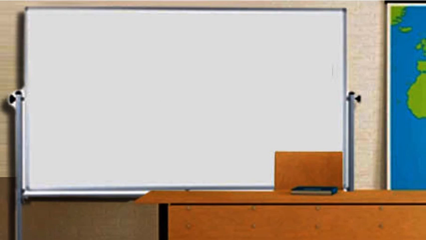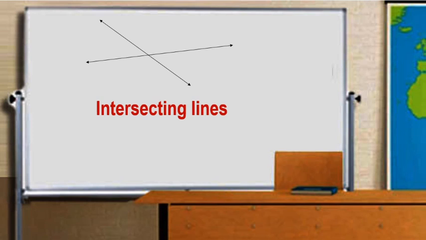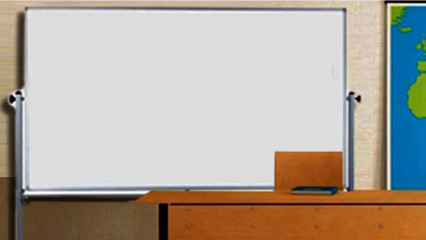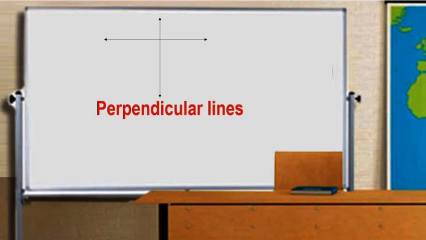Let's have our second illustration. These are, correct, intersecting lines. Let's have our third one. Correct, these are perpendicular lines.